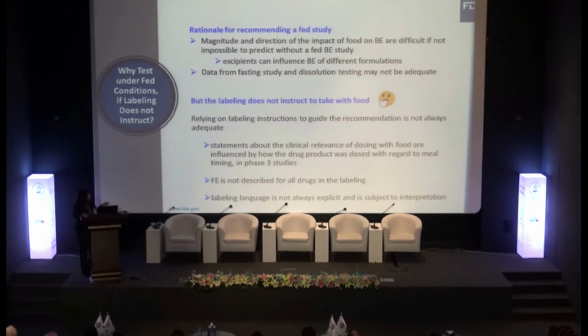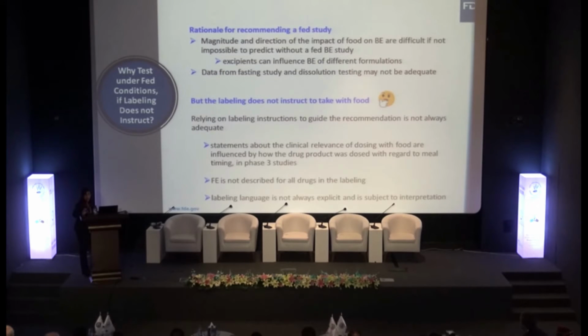So why do we still ask for it? Because we find that relying on the labeling instructions to guide the recommendation is not always adequate. As I said earlier, how do these statements get into the labeling? The statements about the clinical relevance of dosing with food are influenced by how the drug was dosed with regard to the meal in the pivotal clinical trials, so those are the phase 2 and phase 3 studies. Also, the food effect is not described for all drugs in the labeling.